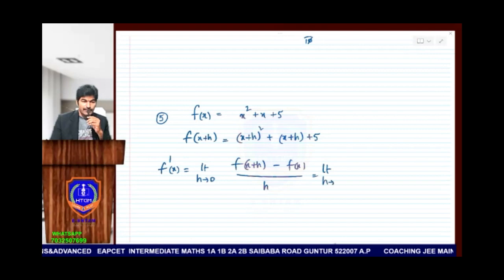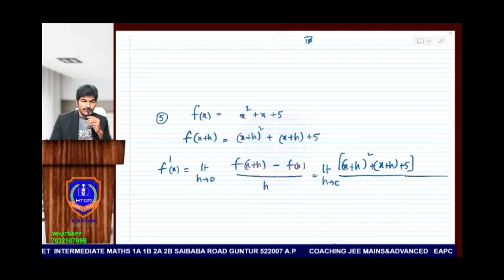That means limit h tends to 0, f of x plus h means x plus h whole square plus x plus h plus 5. This is all f of x plus h. Minus f of x means x square plus x plus 5, and divided by h.